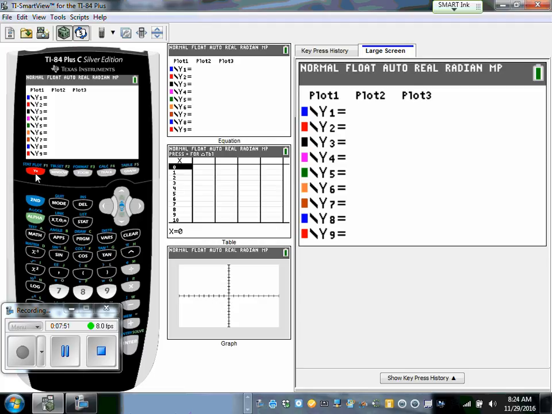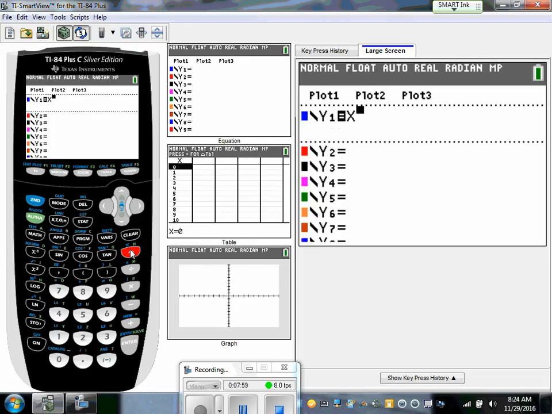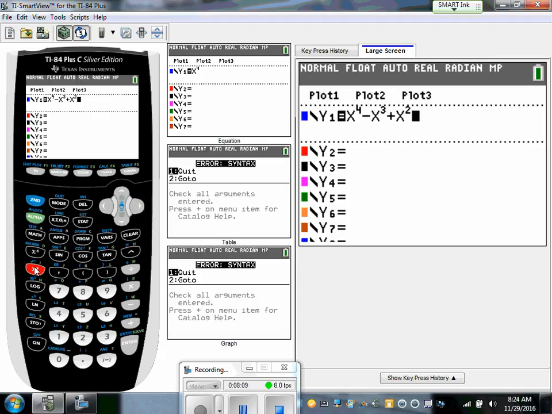X to the fourth minus x cubed plus x squared minus 3x minus 6. All right, and then go ahead and hit graph.